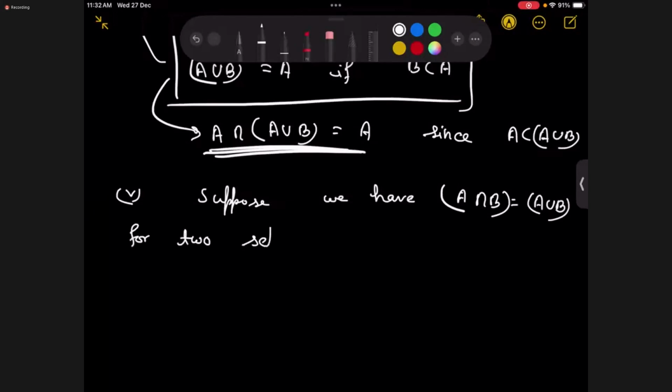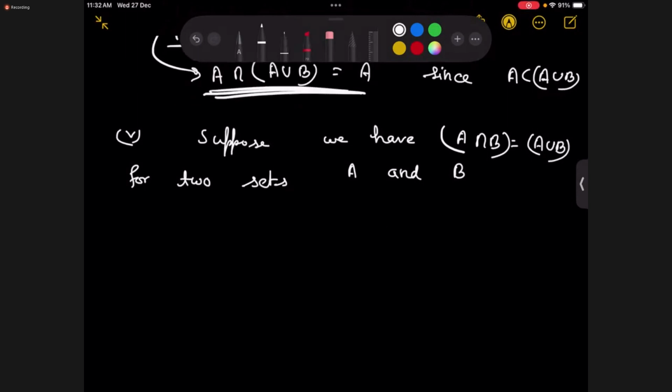For two sets A and B, suppose we have A intersection B equals A union B. So what can I claim?